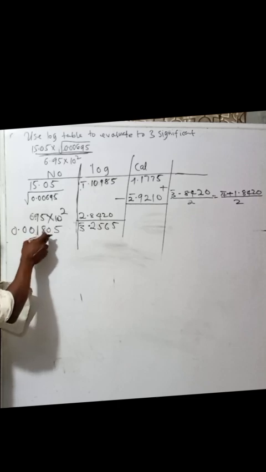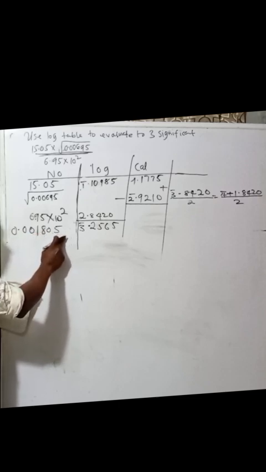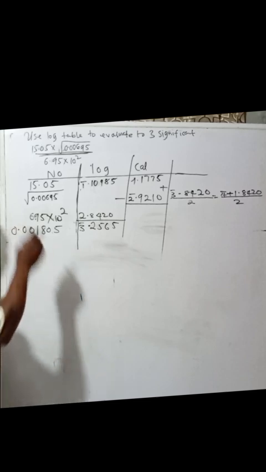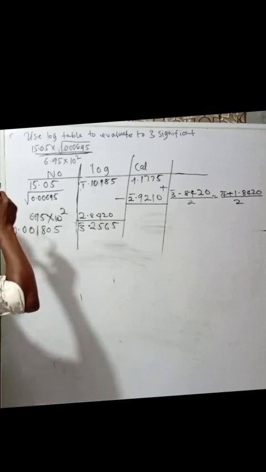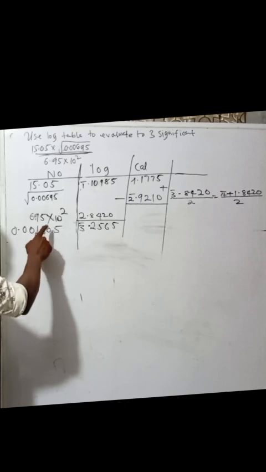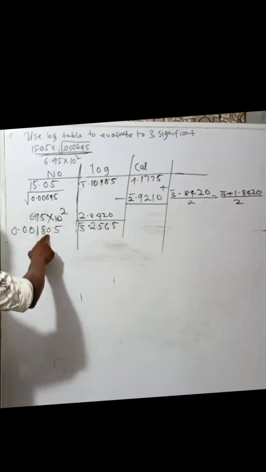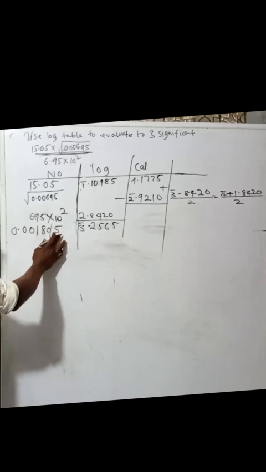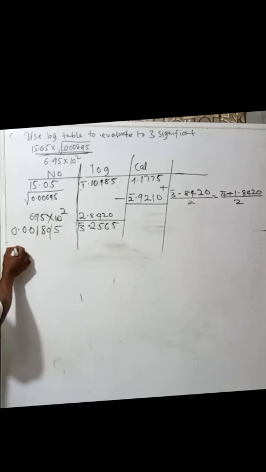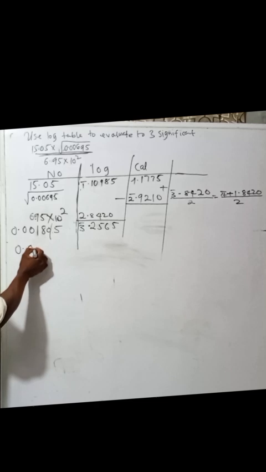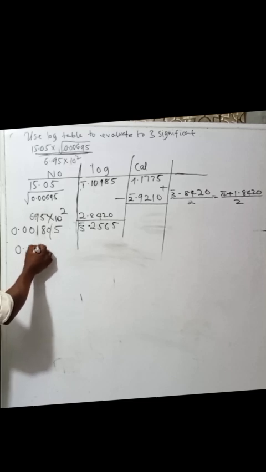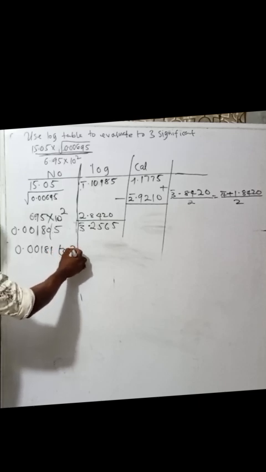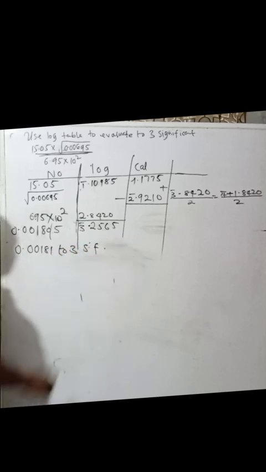Then before you write the answer, all we have to do now, they said to 3 significant figures. This is the first significant figure, second significant figure, and the third significant figure. So we put this in here, and this one is up to 5. So the final answer becomes 0.0181 to 3 significant figures.